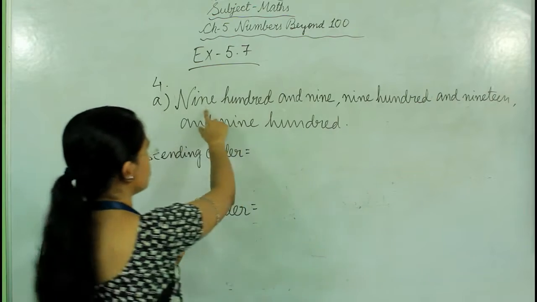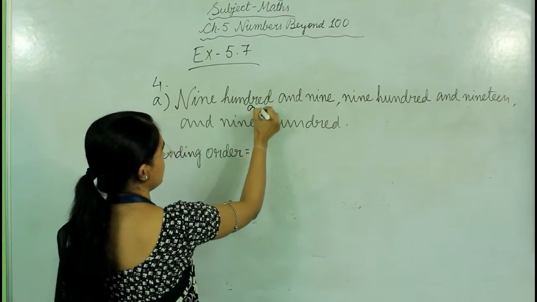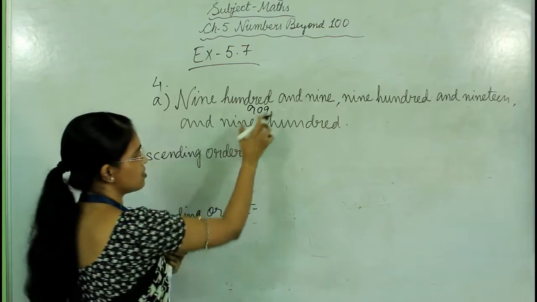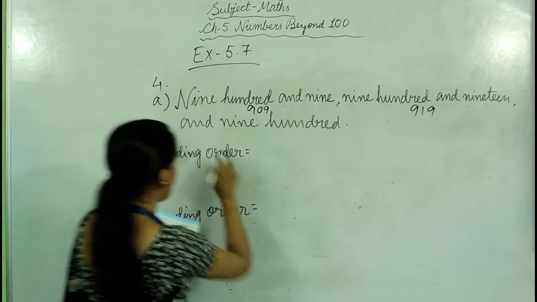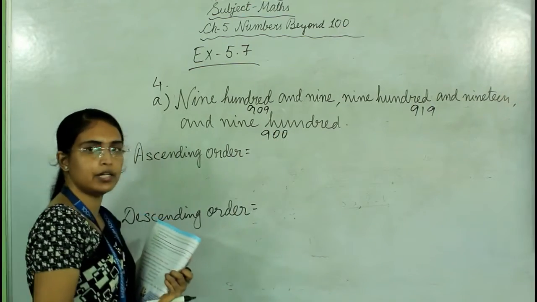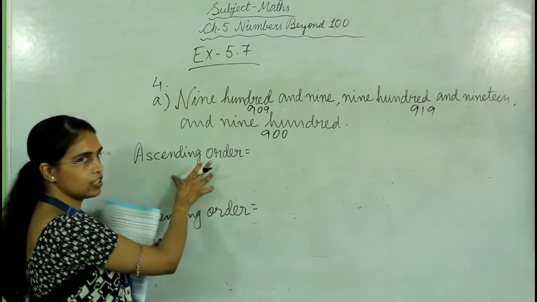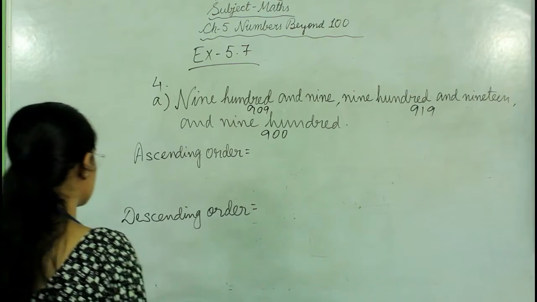So here the numbers are 909, 919 and 900. Ascending order means increasing order.